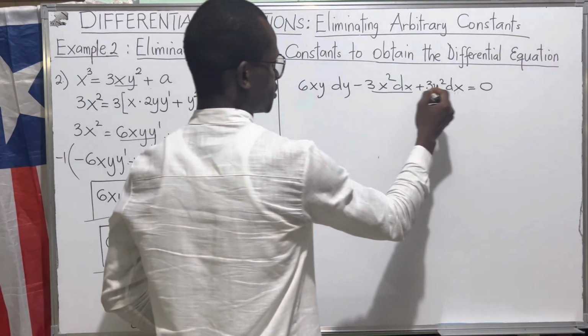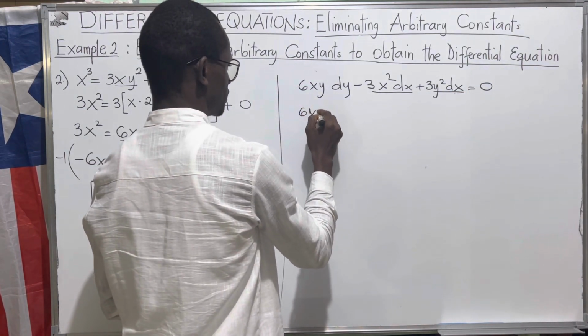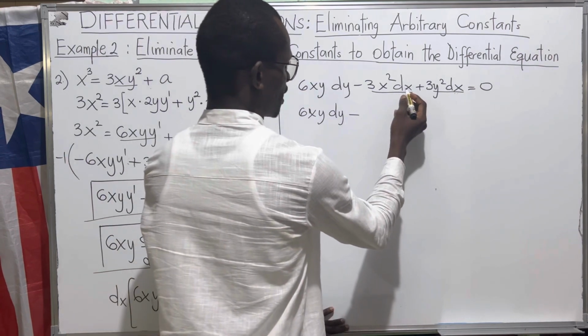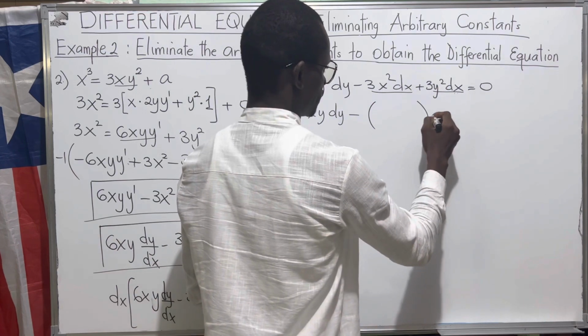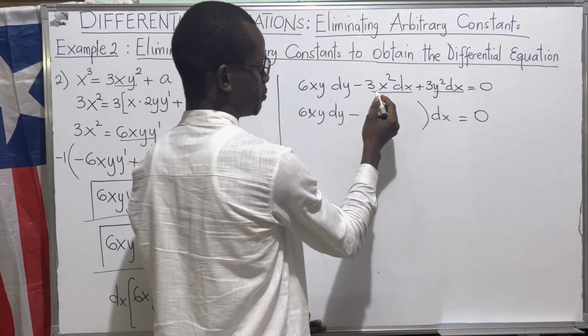So since these two terms have dx, I can now say 6xy dy minus, I can factor out the dx.